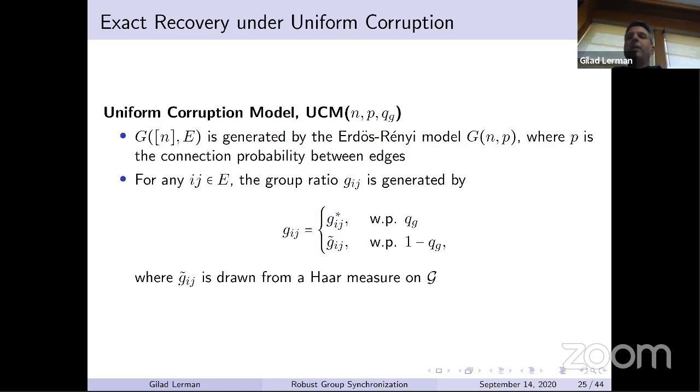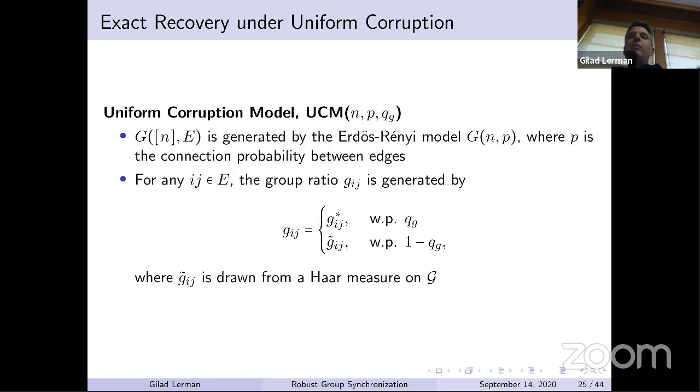So we randomly connect an edge in the graph with probability p, and then given an edge, we corrupt it with probability 1 minus qg, but now the corruption is not adversarial, it's uniform. It's from the Haar measure on the group.